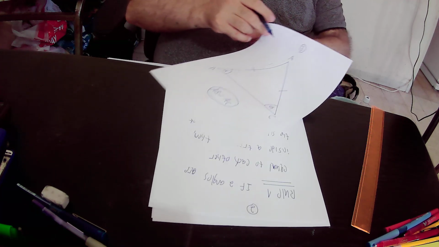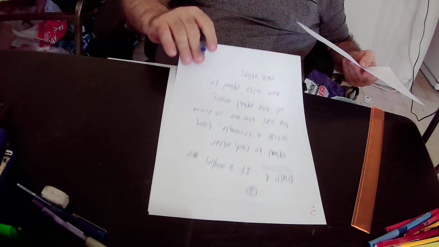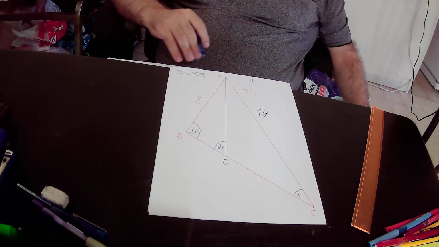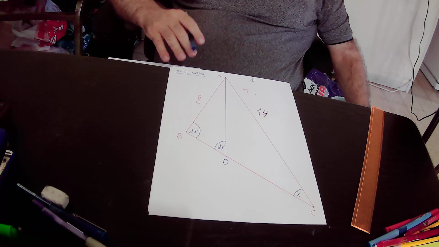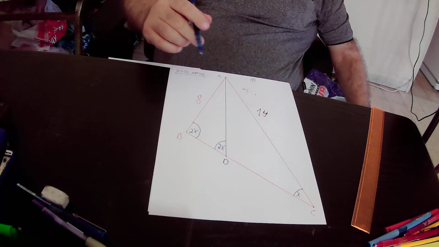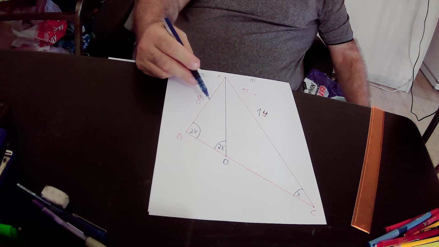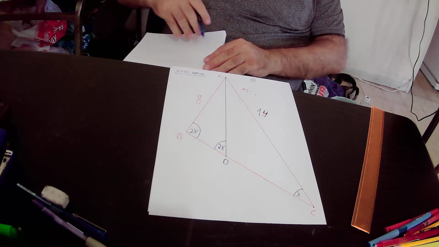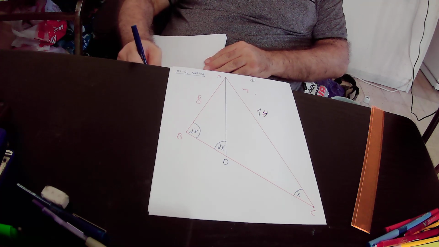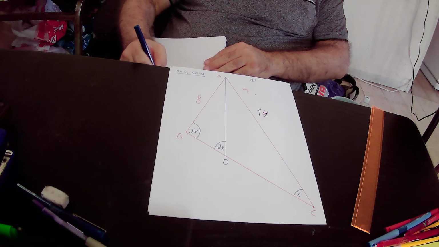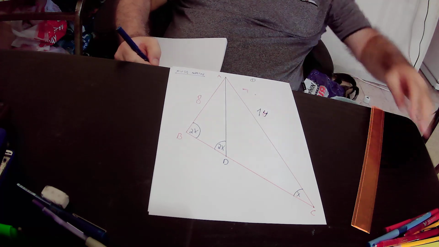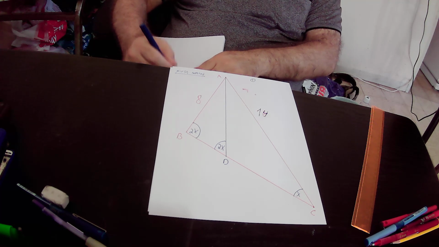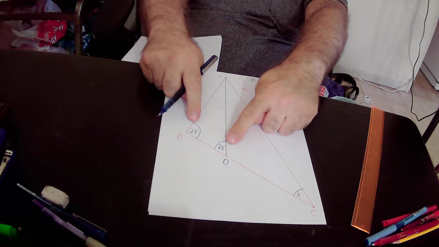Okay, so we can implement rule number 1 in our drawing. In triangle ABD, we have two angles that are equal to each other.